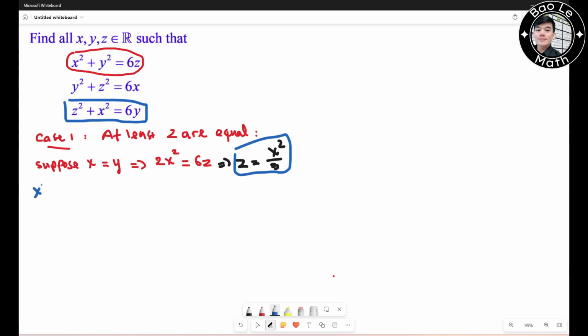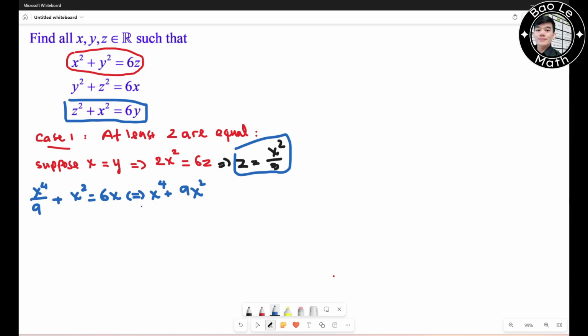So we have x to the 4th over 9 plus x squared equals 6x. Now multiply both sides by 9. We have x to the 4 plus 9x squared, and then 9 times 6 is 54x.